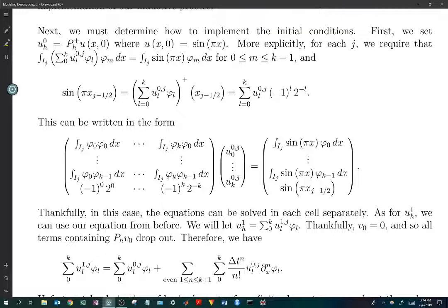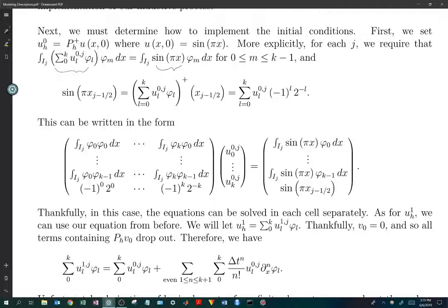Typically when you would project it, you see this equation here: the integral of u_h^0 times phi_m equals the integral of the exact times phi_m. You can replace phi_m with v, and this should hold for every v in the polynomial space. However, because it's a polynomial space of finite dimension, you can just make it hold for every phi_m, where phi_m takes on the basis functions.